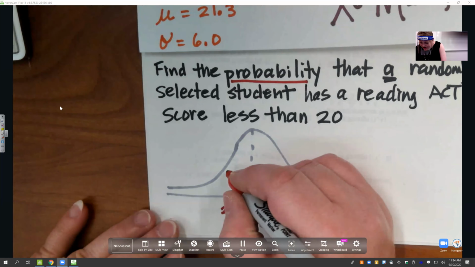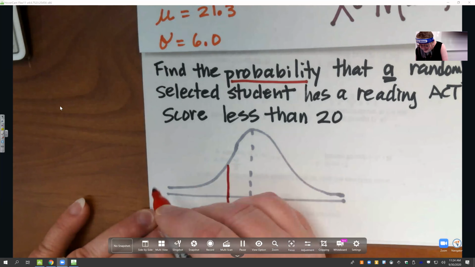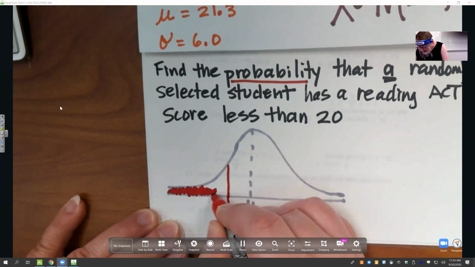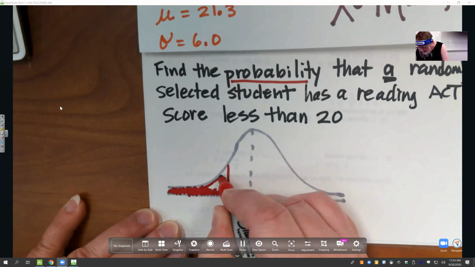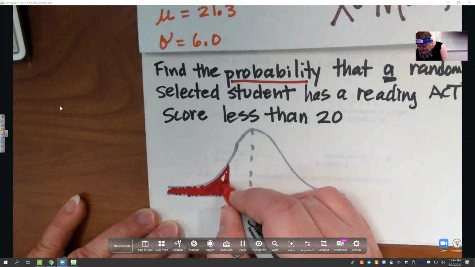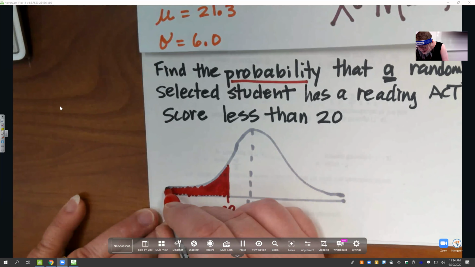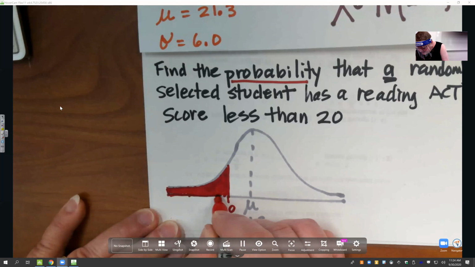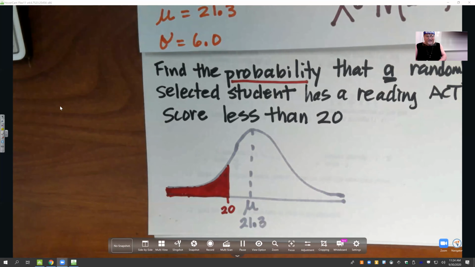And then we want to know what's the chance that I'm going to be less than that. So I'm actually looking for this red shaded region, which if this were a perfect rectangle, we could think about using the area. But this is not a nice little rectangle. This is a curved region.